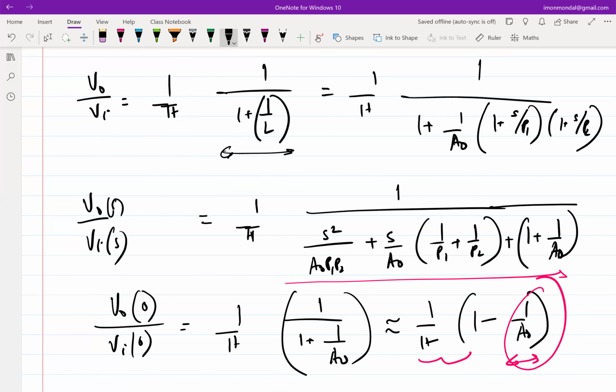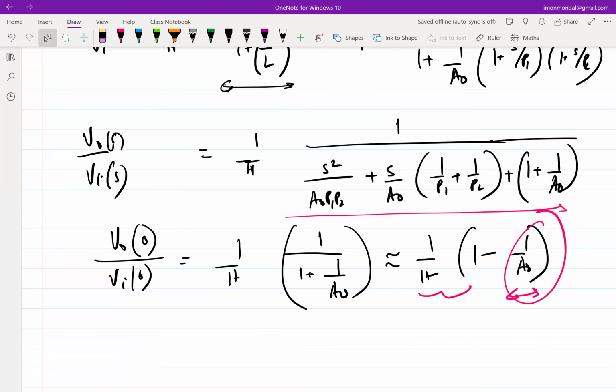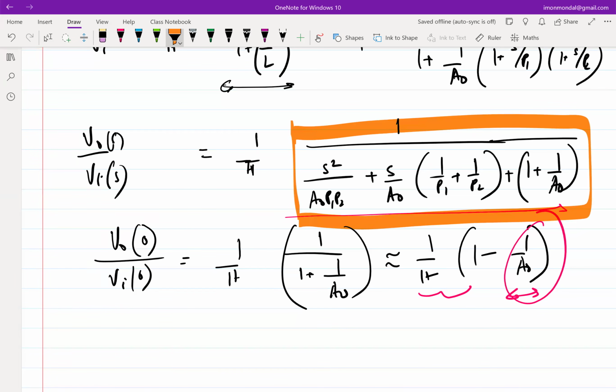So that's how we have been approaching this course. If I give you a circuit and ask you to find out the steady state error, you cannot assume A naught to be infinity. But if I ask you to find out V naught over Vi of S, and I ask you for some other parameter other than steady state error, then you can assume A naught to be infinity, because in this equation, if A naught is much higher than 1, there is not much harm if I neglect 1 over A naught with respect to 1, unless S equal to 0.